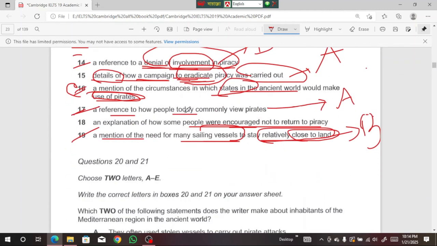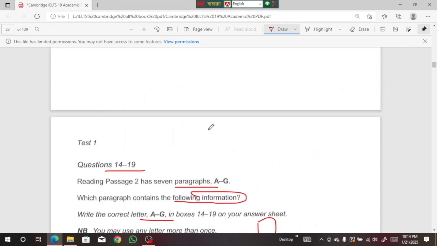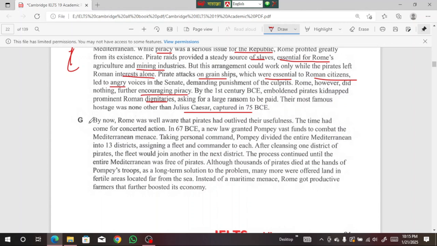There is nothing mentioned here about encouraging pirates not to return to piracy. The word encourage is mentioned, but not return. By now, the Romans were aware that the pirates had outlived their usefulness. The time had come to take action.